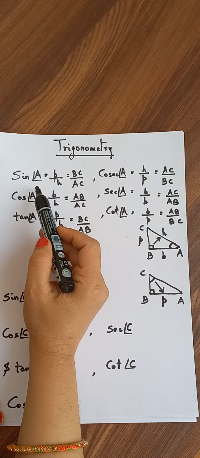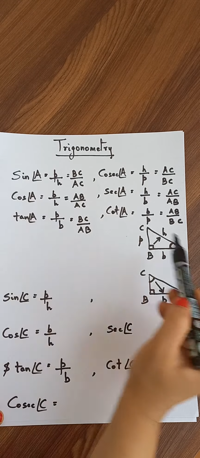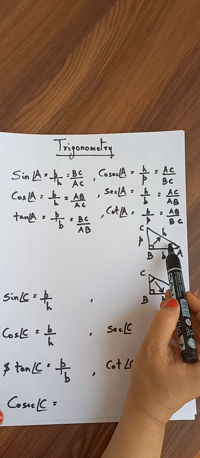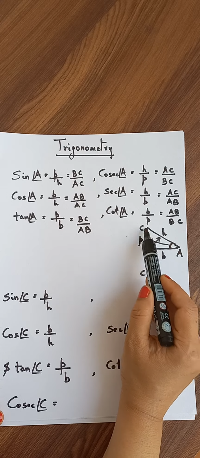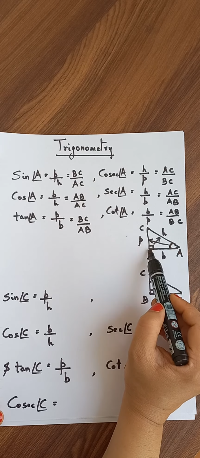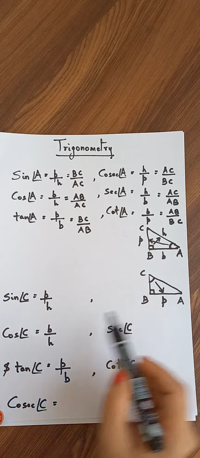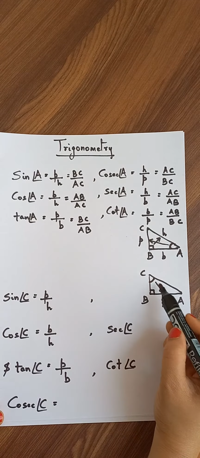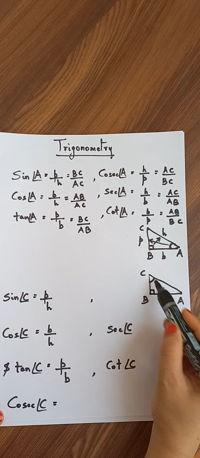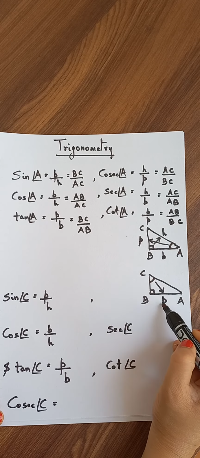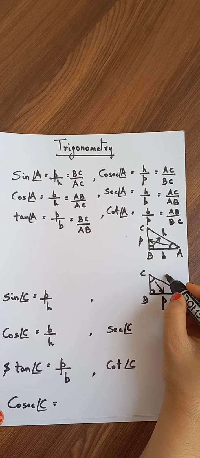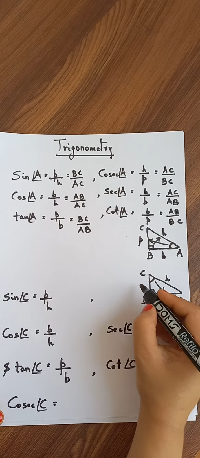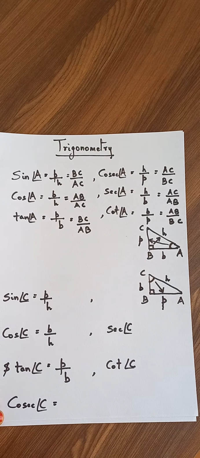Here we were finding trigonometric ratios for angle A, so perpendicular was opposite to angle A. This BC was perpendicular. But now we are finding trigonometric ratios for angle C, so now the perpendicular will be opposite to angle C. So this is now perpendicular. Hypotenuse is always fixed and the third side will automatically become base.